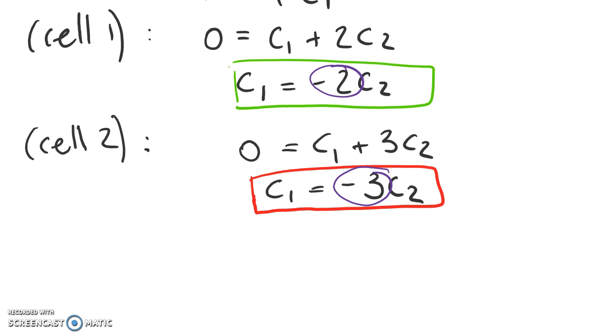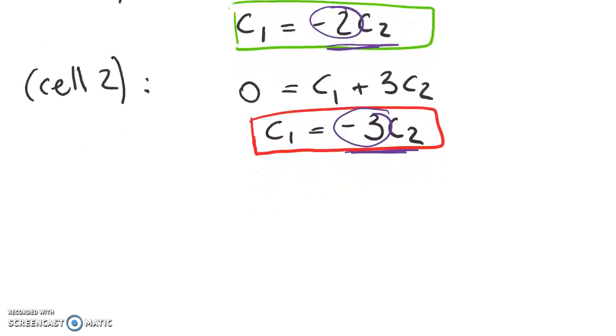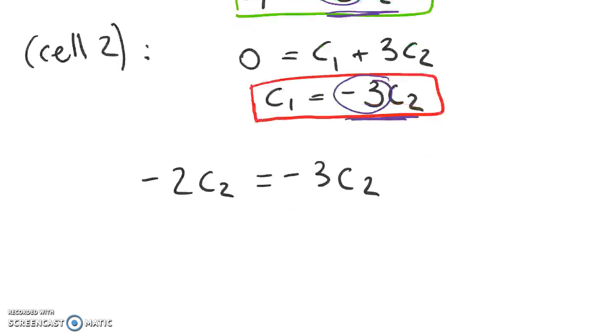Because in each case C1 has to be exactly the same thing, that means we can take the right hand side of each of these equations, make them equal each other and see what happens. So minus 2C2 from the right hand side of that green equation has to equal minus 3C2 from the right-hand side of the red equation.